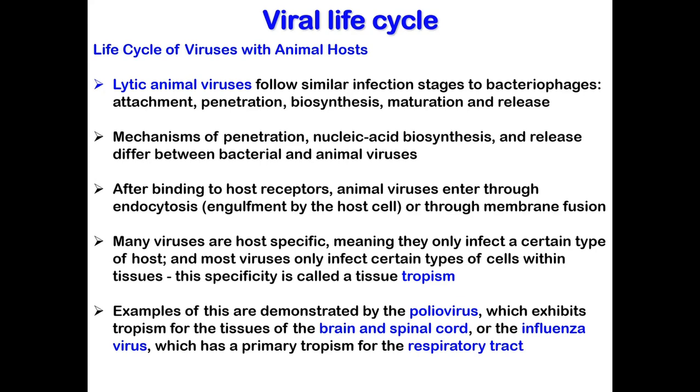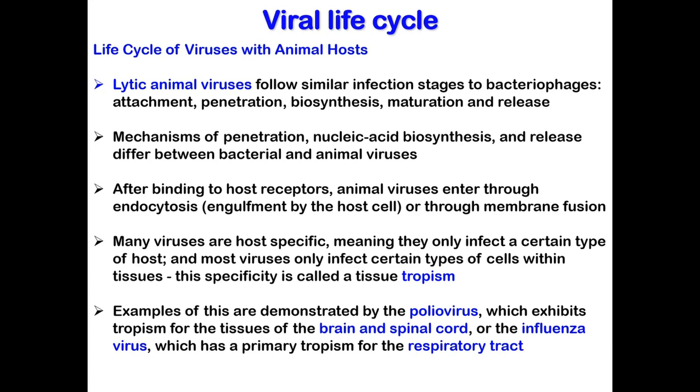However, mechanisms of penetration, nucleic acid biosynthesis and release differ between bacterial and animal viruses. After binding to host receptors, animal viruses enter through endocytosis, which is engulfment by the host cell, or through membrane fusion.